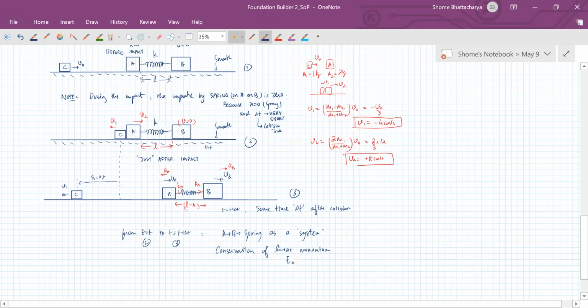So we have mass of A into V2 initially is equal to mass of A into VA plus mass of B into VB. So we have, in SI unit, it will be like this. And we have conservation of mechanical energy.